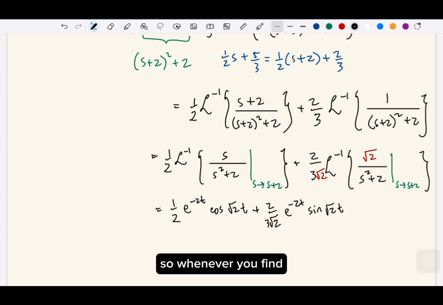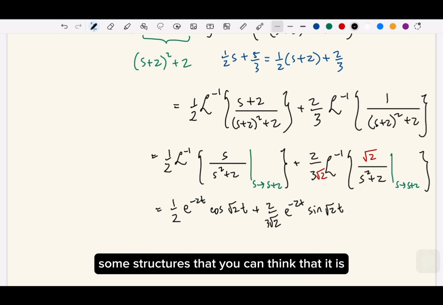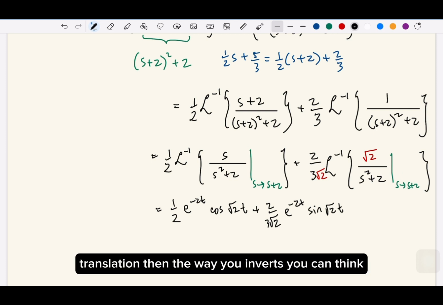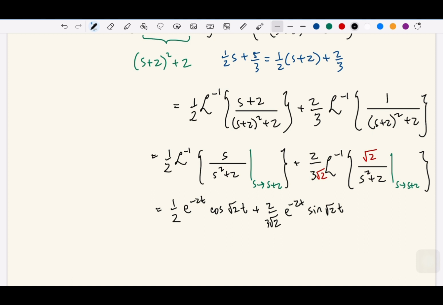So whenever you find some structure that you can think of as a result of translation, then to invert, you can think of the original forms and then multiply with its translation.